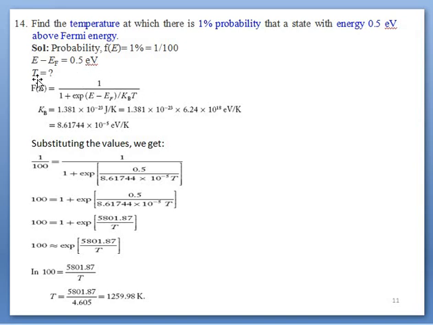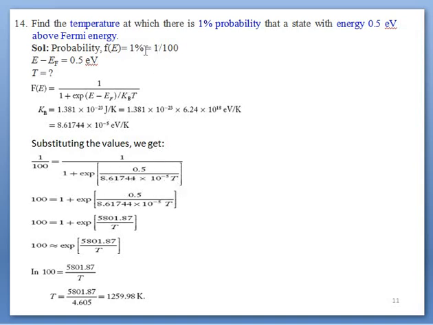So again by following the similar equation, E minus Ef will be kept as 0.05, and kB is converted into electron volt here. In the previous numerical, E minus Ef was transformed into joule. Here kB, which is in joule, is converted into electron volt and substituted here.